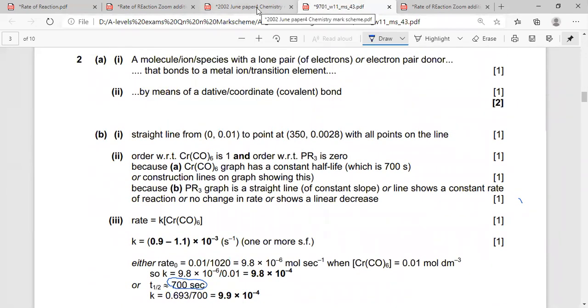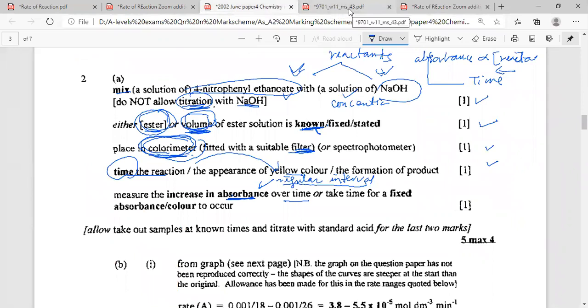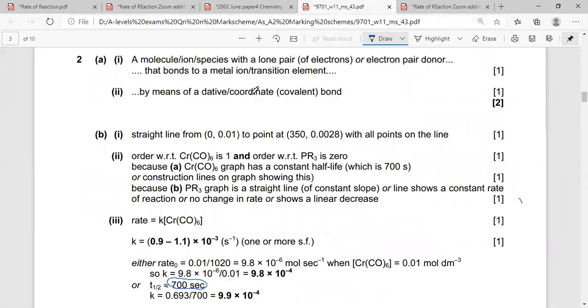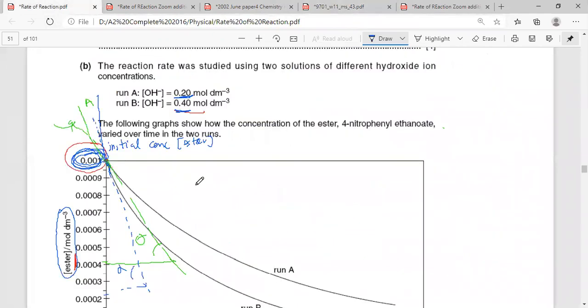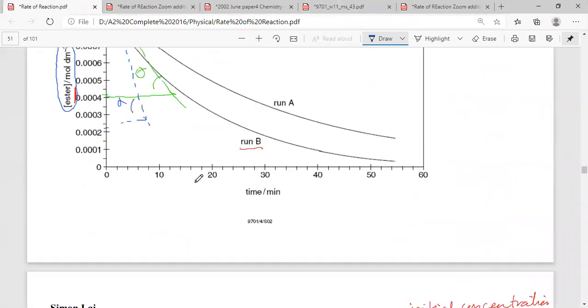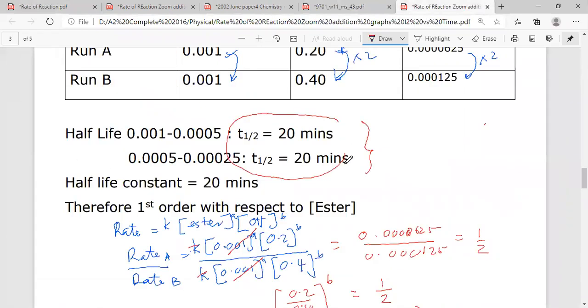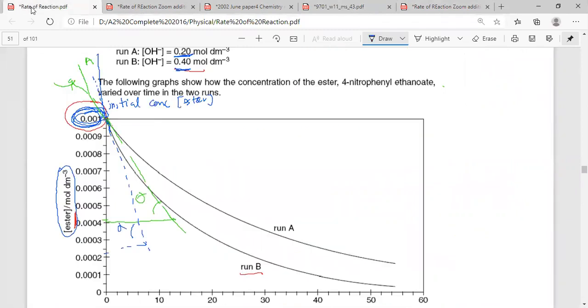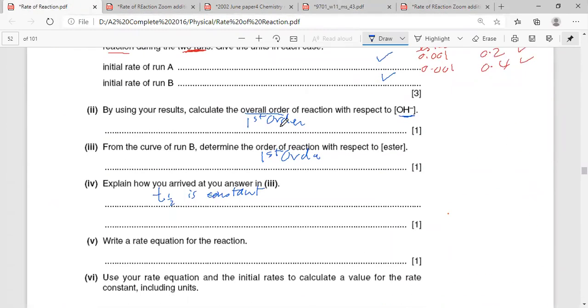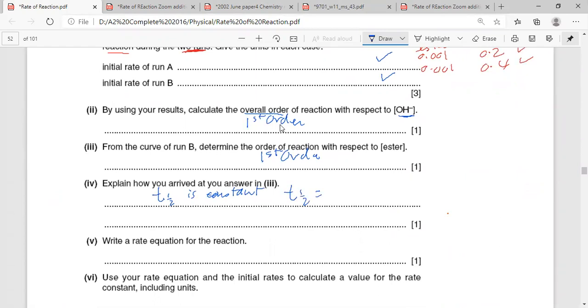Wrong one. Wait. Doesn't matter. Okay, half-life. Half-life is how much here? I did it here. 20 minutes, sorry. Half-life will be 20 minutes. Okay, half-life is constant. Half-life is equal to 20 minutes.